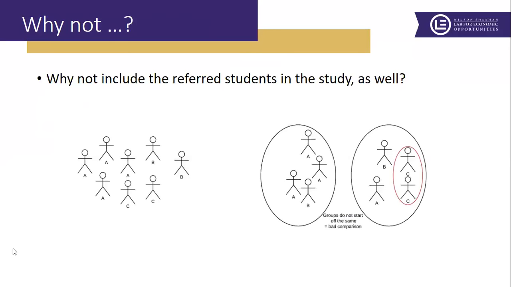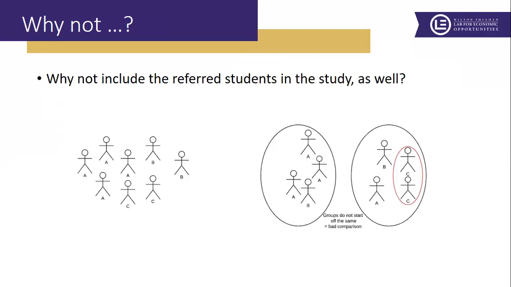And then another version of this question is, fine, let's select kids by lottery from a wait list, but how come the referred students aren't included in the treatment group when we make our comparison? And that's pretty much the same answer. If we added the referral children into the study and put them all in one group, they're going to make that one group look very different than the other group that was randomly selected.